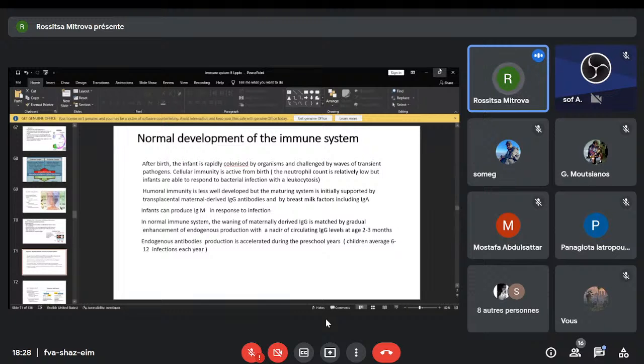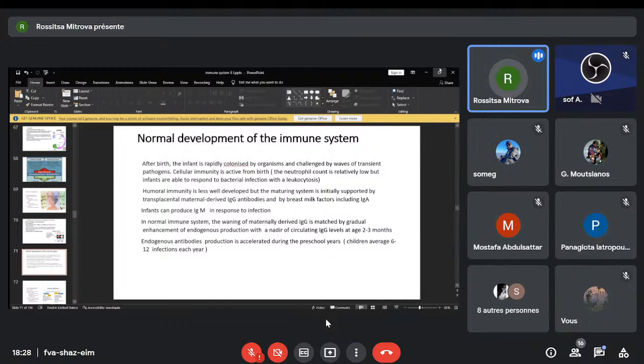Once again we will repeat the normal development of the immune system. After birth, the infants are born sterile, but then they are rapidly colonized by organisms and then start to be challenged by waves of transient pathogens.